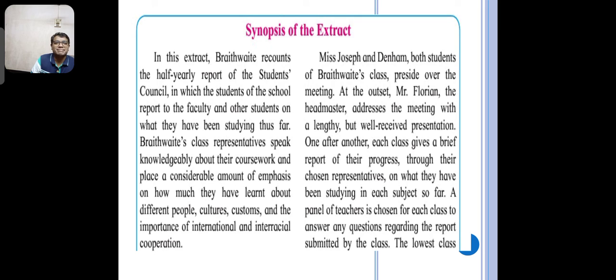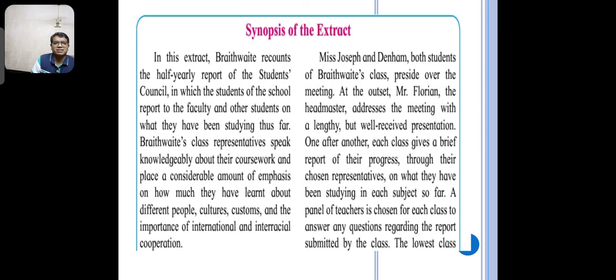In this extract, Braithwaite recounts the half yearly report of the Students' Council, in which students of the school report to the faculty and other students on what they have been studying thus far. Braithwaite's class representatives speak knowledgeably about their coursework and place considerable emphasis on how much they have learned about different people, cultures, customs, and the importance of international and interracial cooperation.